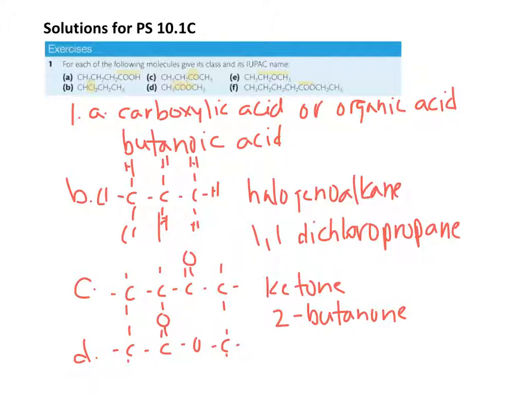So this is an ester. And what I have to look at with this ester is which end came from the alcohol and which end came from the acid. This came from the alcohol because the alcohol just gave up its hydrogen and bonded in here. And then this part came from the acid because it brought the whole COO group with it. So the methyl end is the alcohol group. The ethyl end, or the 2-carbon end, is the acid group.